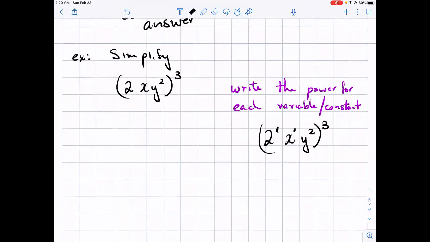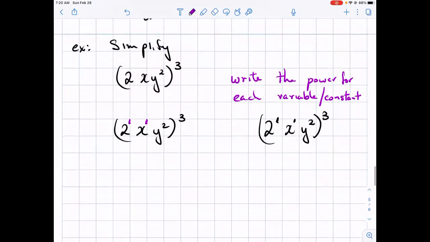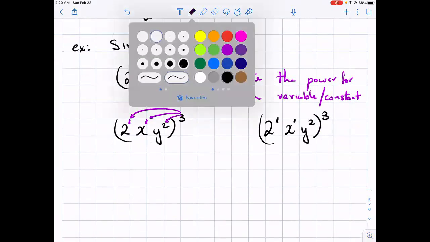Now, if you do that, you can distribute the powers, and you will clearly see that the 3 has to be distributed to everything in the parentheses.